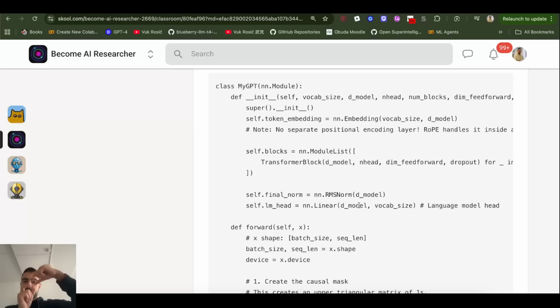So it converts our vector embedding from the transformer into a set of probabilities, 50,000 probabilities if we have 50,000 tokens. It's just a linear layer.